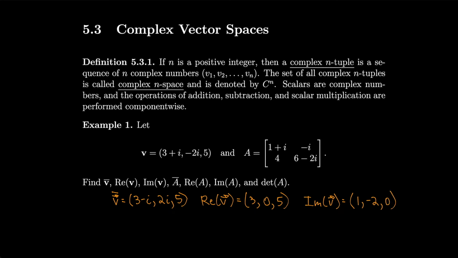Then if we want A bar, that's equal to 1 minus i, 4i, and 6 plus 2i. Because all we do is just change this to a minus, this to a plus, this to a plus.